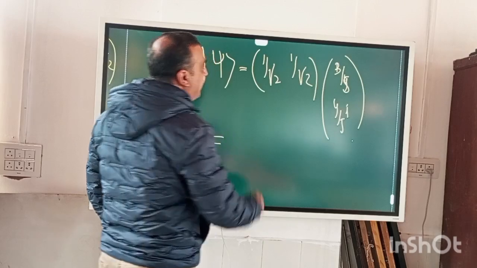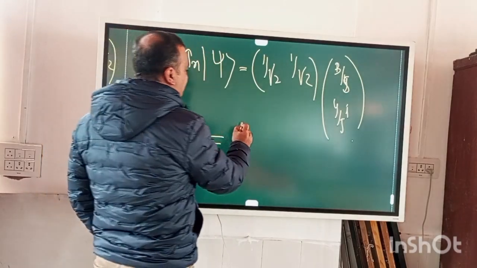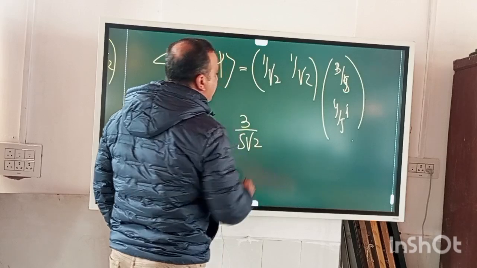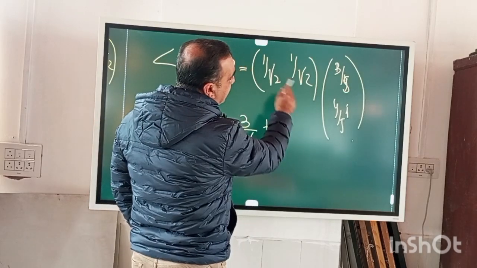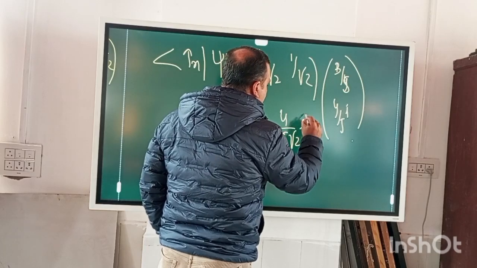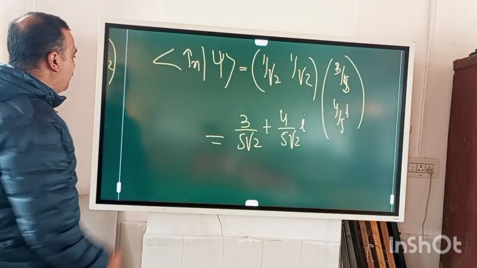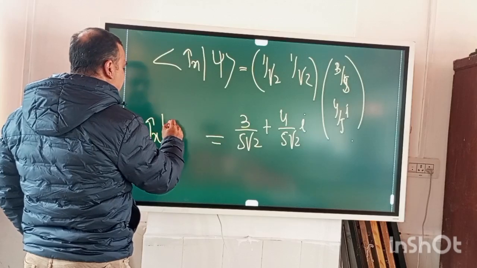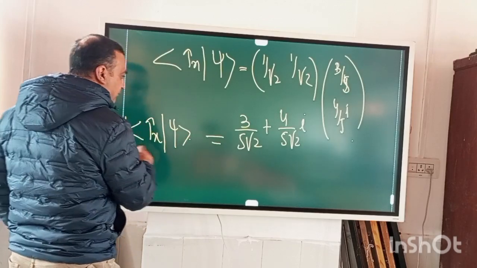So what we obtain from here is 3 by 5 root 2 plus 4 by 5 root 2 i. So this is spin up on the state psi.